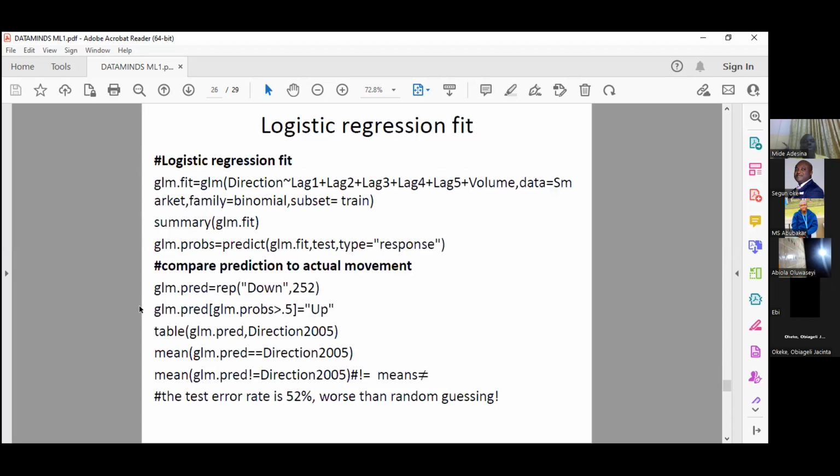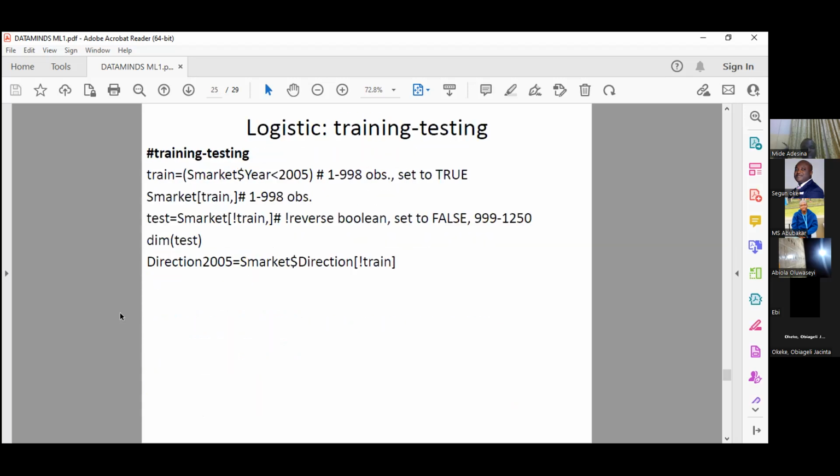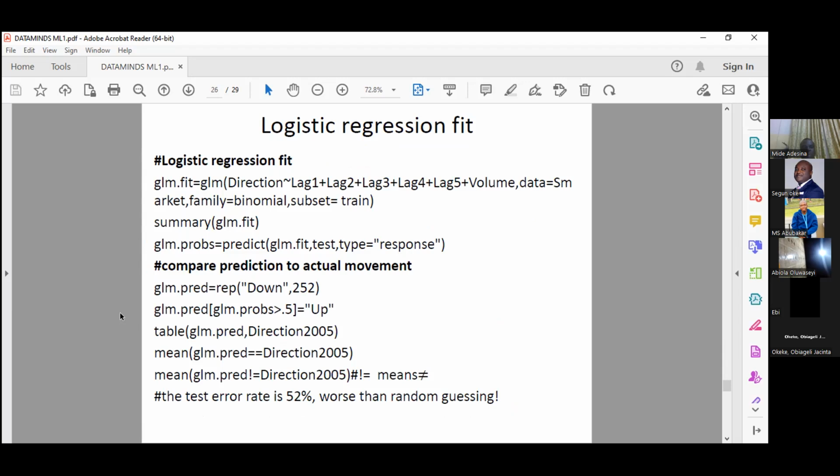So we now go to our logistic regression. In the previous one, we did not use the training set, and the training set separates the tests. Don't forget that I said earlier that the entire data was used as training and testing, but here we have subjected it to training.